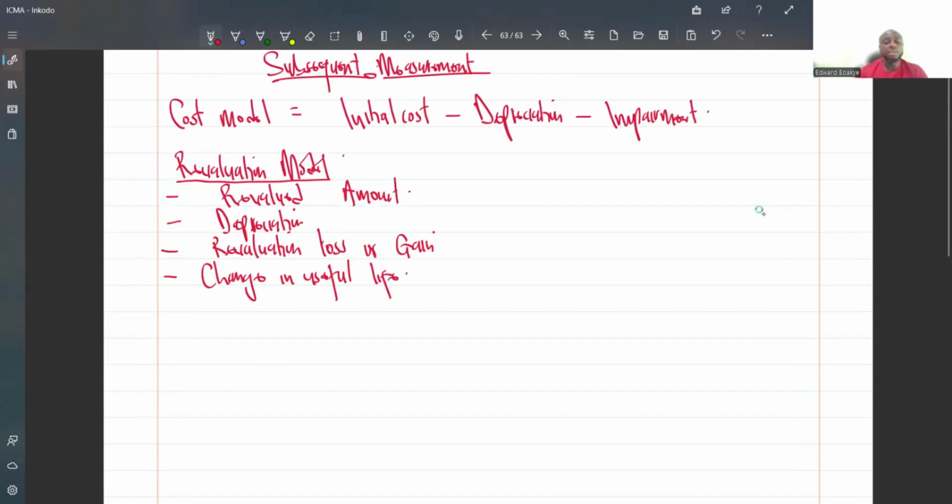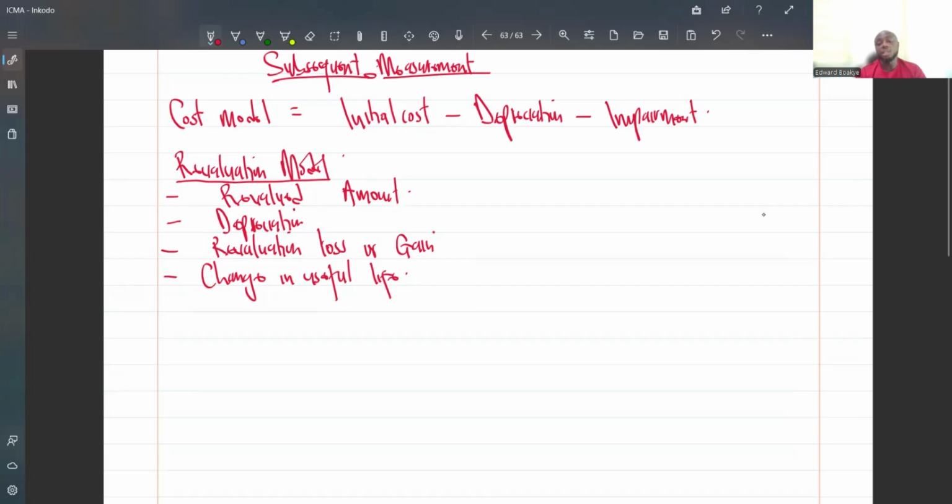Talking about the change in useful life, where you are using an asset which originally had 10 years. The useful life was 10 years. So let's say you've used the asset for 2 years. So to you, it's left with just what? It's left with 8 more years. Then after revaluation, the valuer told you that, looking at how the asset is, we should increase the useful life which is left.